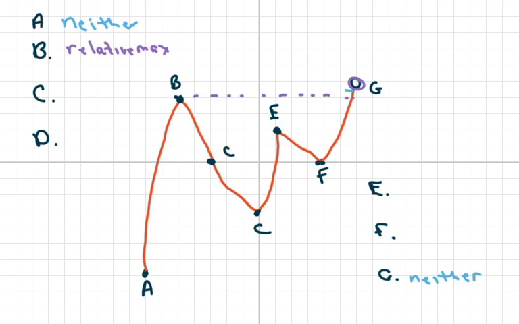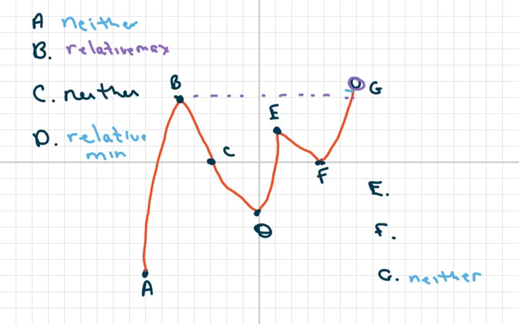C is neither, just like our other C. It just continues to go down. So it's neither. Our D is a relative min.